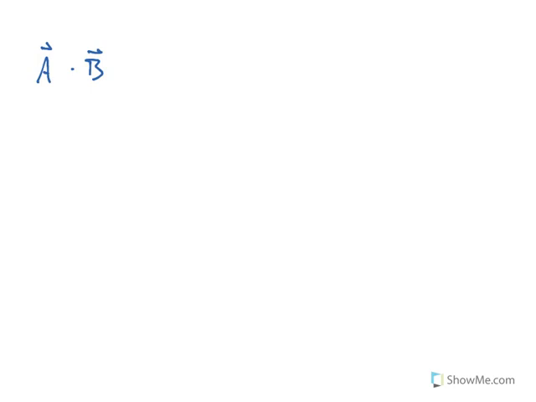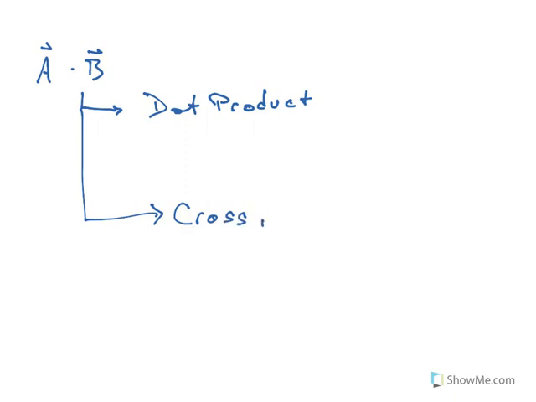Well, if you recall from general physics, this is a complicated problem because there's not just one way to multiply. There are many ways to multiply. The two we're going to discuss are what's called the dot product and the cross product. Two different types of multiplication.